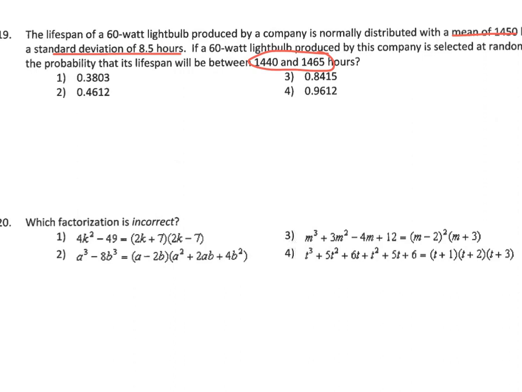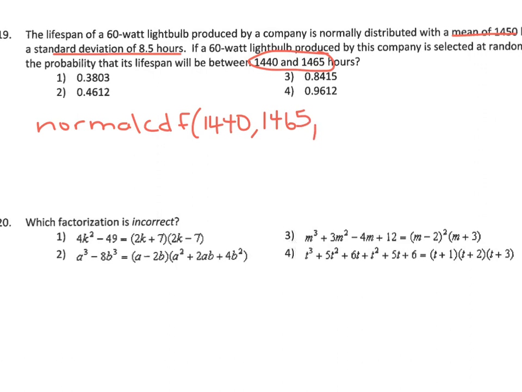What they're looking for us to do here is go to normal CDF in our calculator, and plug in a lower bound, which would be this number right here, and an upper bound, which would be this number. So for the lower bound, we'll plug in 1440. For the upper bound, 1465.